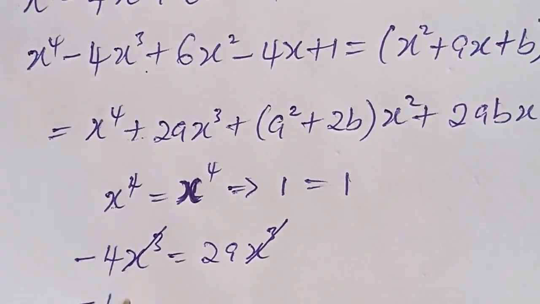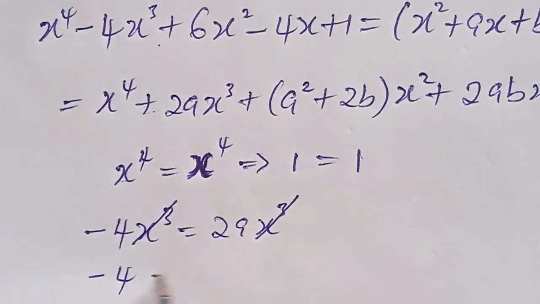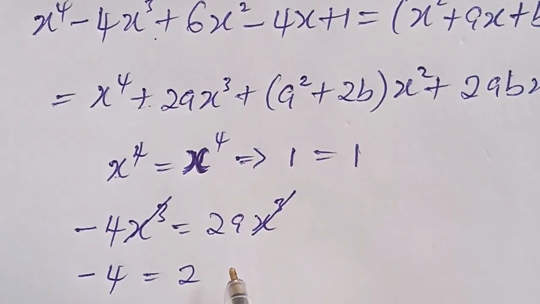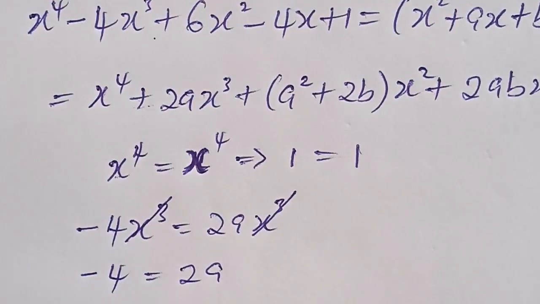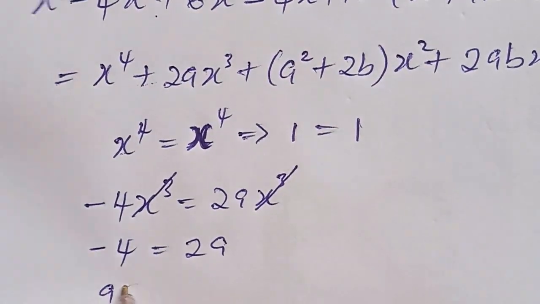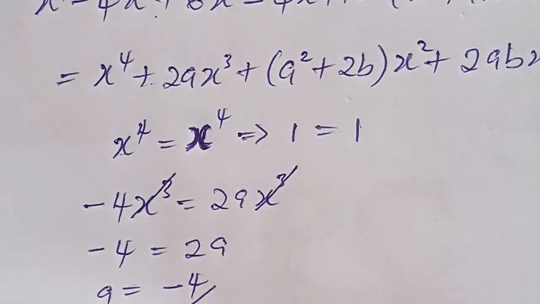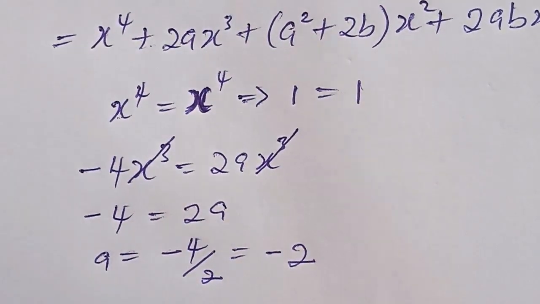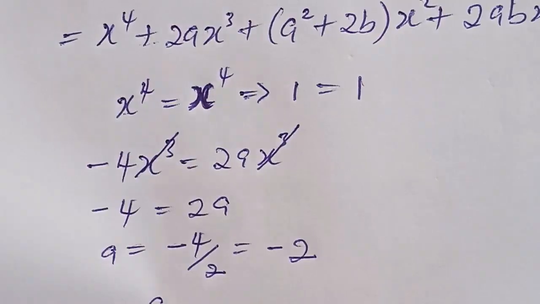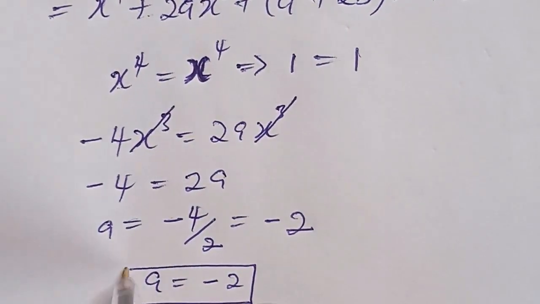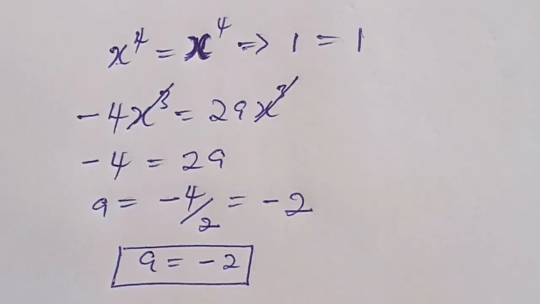Then we have minus 4 is equal to 2a. So we can divide both sides by 2 to isolate a. We have a equal to minus 4 over 2, and that will be equal to minus 2. So here a is minus 2, which we are going to make use of.